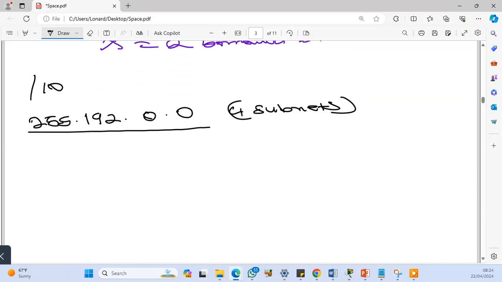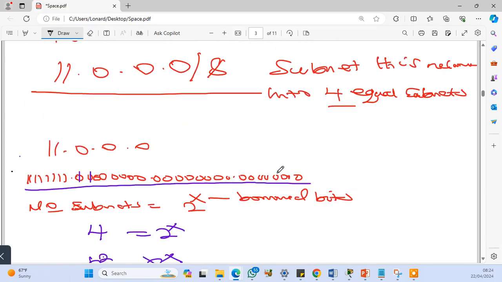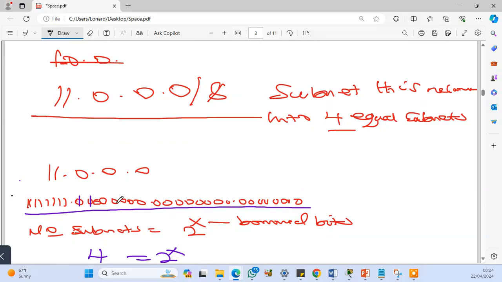So we can continue and then look at the borrowed bits. We already know that the borrowed bits are 2. The host bits are 22. Are they 22? You just count these ones here. So these are 6. There is 16, then plus 6, 22.